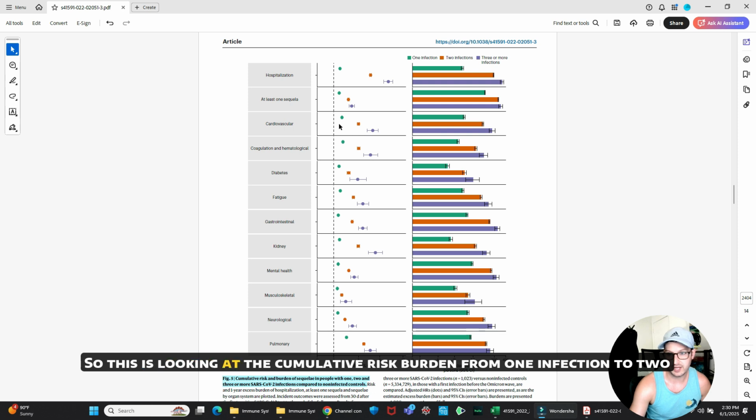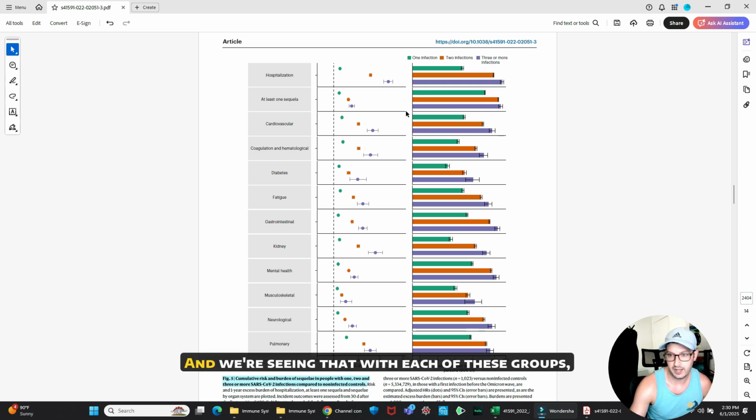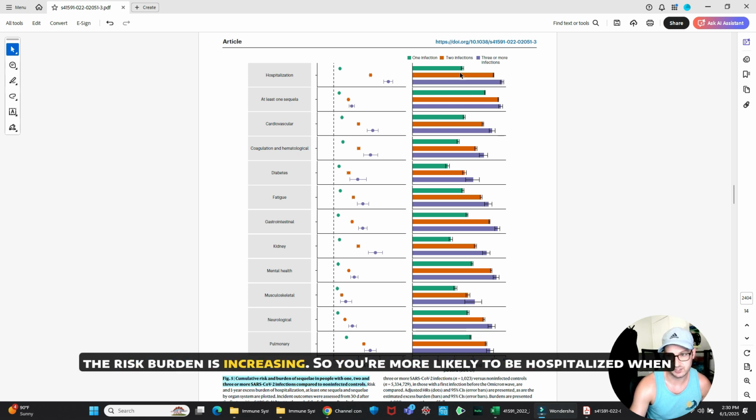So this is looking at the cumulative risk burden from 1 infection to 2 infections to 3 infections. And again, these are at very large sample sizes, and it's 3 or more. So they're grouping the 3 and then the 4 plus together to give about a 3,500 people unit. And we're seeing that with each of these groups, the risk burden is increasing. So you're more likely to be hospitalized when you have a higher number of infections.